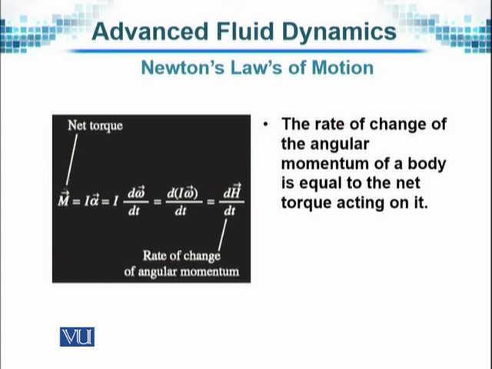So F has been replaced by M, which we call torque, and instead of F equals ma, we write here I alpha. I is the moment of inertia and alpha is the rate of change of angular velocity. These are all equivalent terms and are very similar to the linear equation that I mentioned a little earlier.